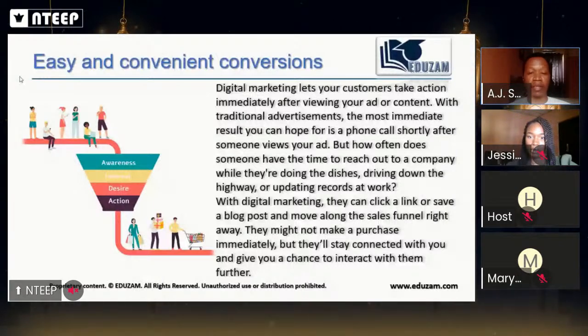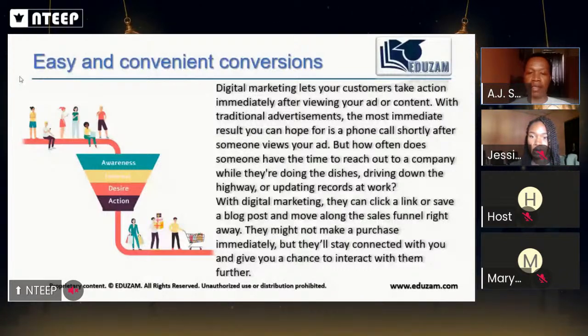But the main point here is convenience. So the idea is that if I go on social media or on a search engine, before a certain ad will be shown to me, I have already searched for the kind of product that company sells. And so it's very easy for me to click buy unless I don't have the money. And even if I don't have, tomorrow when I come back, they will still show me anyway because I looked for it. So that is how convenient and easy it is.